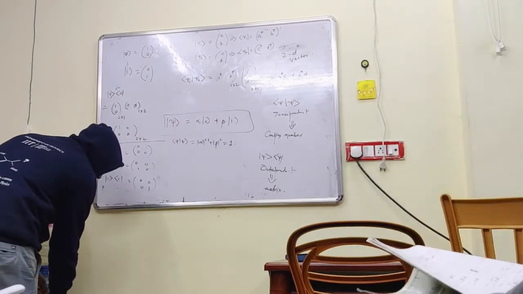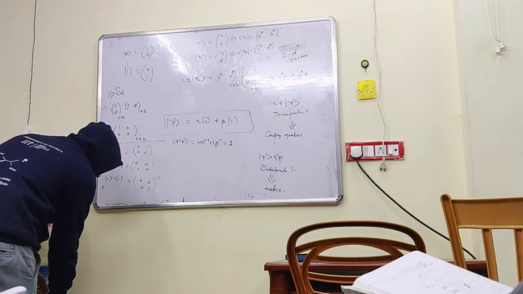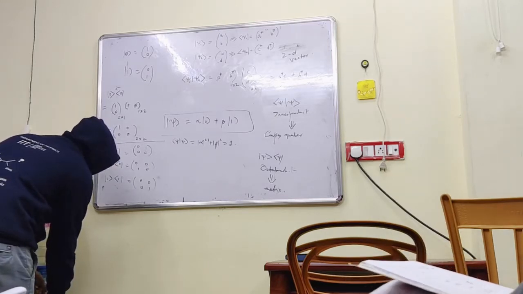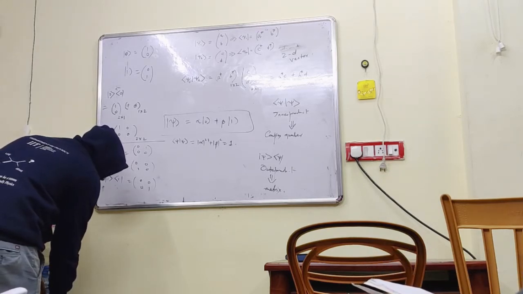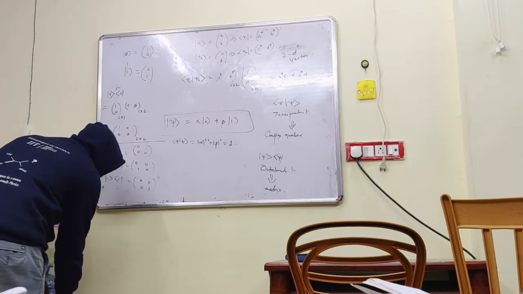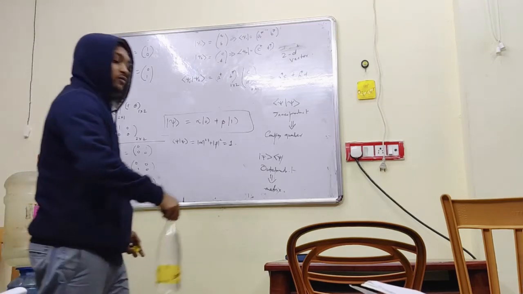Did everyone get it? Okay. Now you have computed 4 outer products here, and you have obtained 4 matrices, right? So you got the idea how to calculate the outer product.